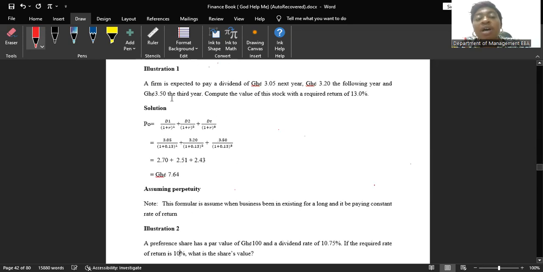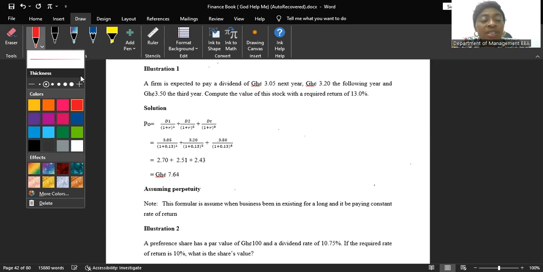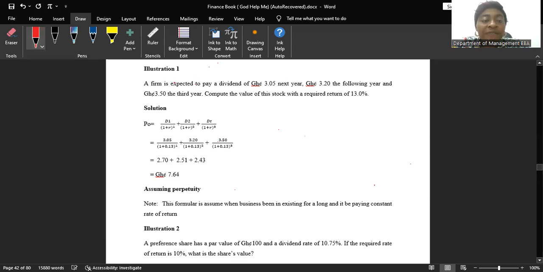Let's move. We are taking an illustration for a better understanding. A firm is expected to pay a dividend of 3.05 next year, 3.20 the following year, and 3.50. So we have 3 years here.